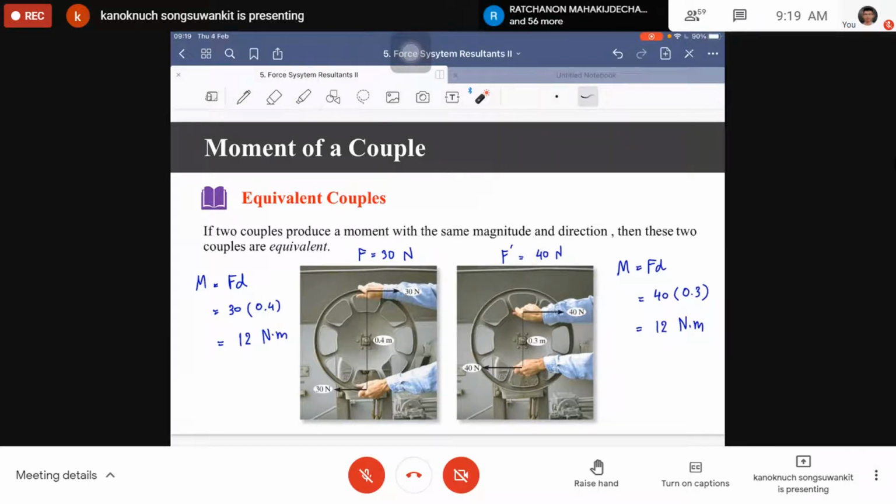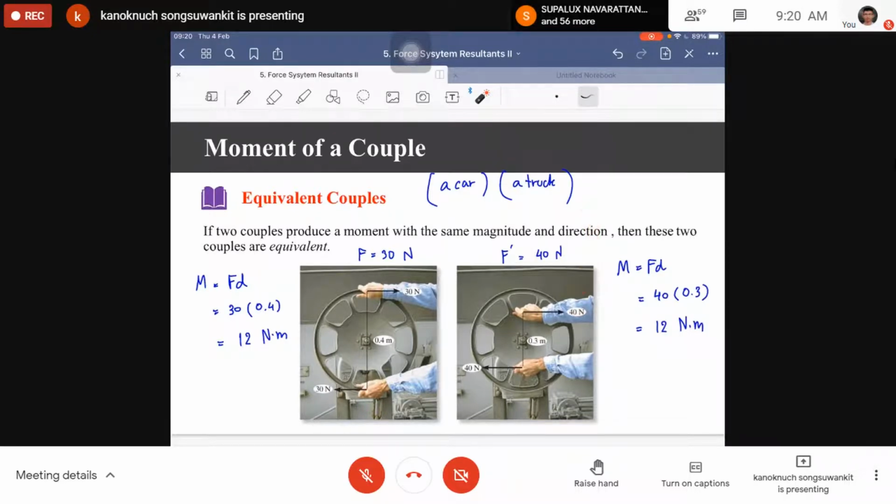So let's compare the steering wheel between a car and a truck. If you compare these two systems, you can see that when you want to turn a truck, you need to exert a larger couple moment, right? One method to save your energy is to make the steering wheel bigger.